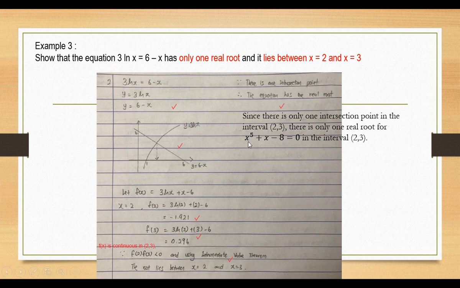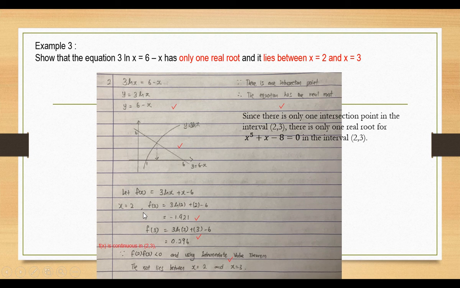So you have to write: since there is only one intersection point in the interval (2, 3), there is only one real root for 3 ln x equals 6 minus x in the interval (2, 3). Then use the IVT to show that the root lies between x equals 2 and x equals 3.